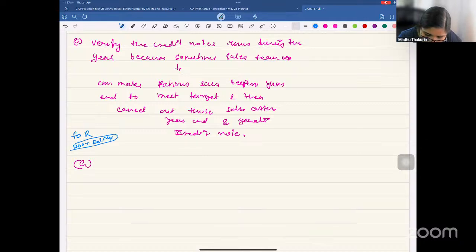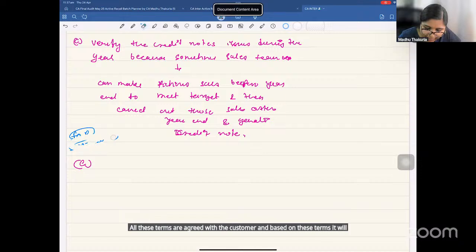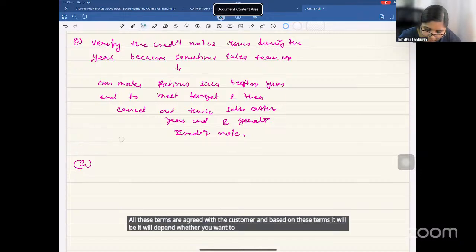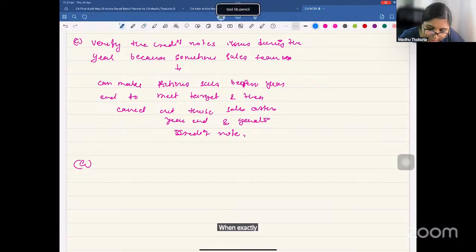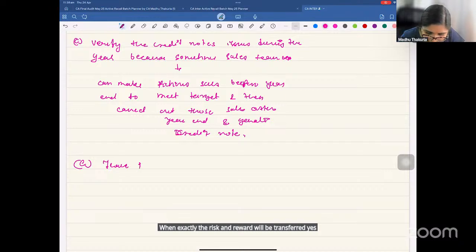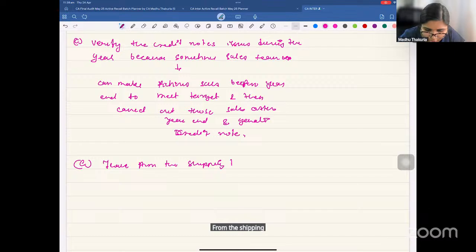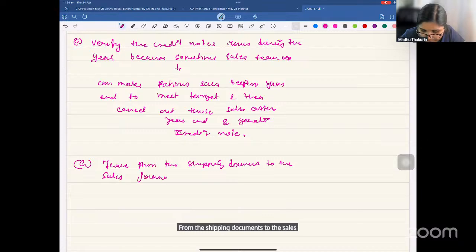All these terms are agreed with the customer, and based on these terms it will depend when exactly the risk and reward will be transferred. So trace from the shipping documents to the sales journal.